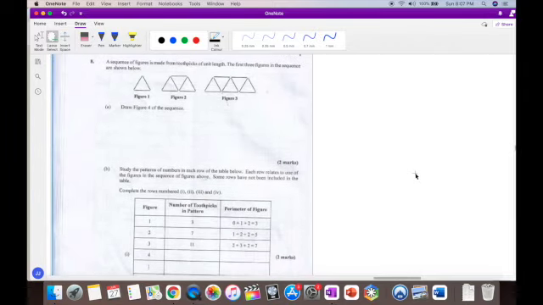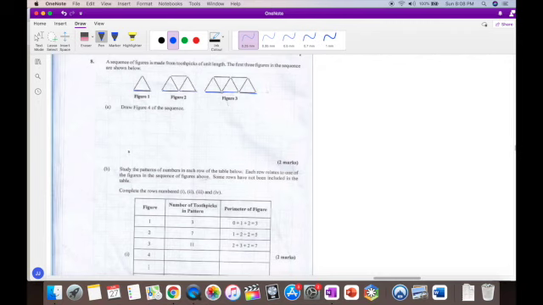Sequences. So a sequence of figures is made from toothpicks of unit length. The first 3 figures in the sequence are shown. Draw the 4th figure for the sequence. Well, we could see here that the first figure is 1 at the base, the second figure is 2 at the base, the third figure is 3 at the base.